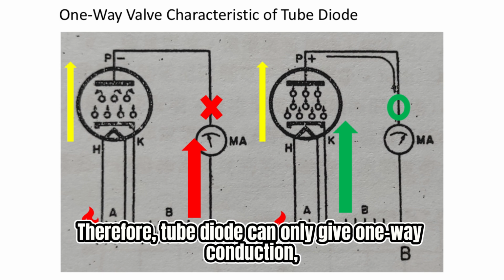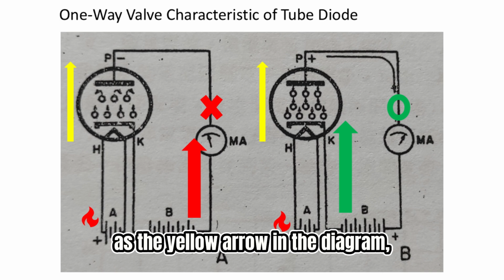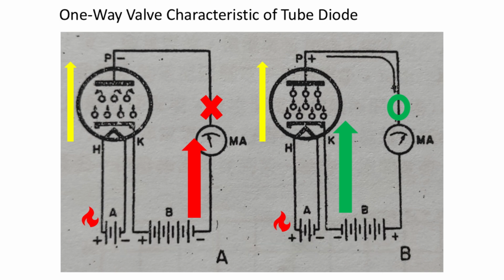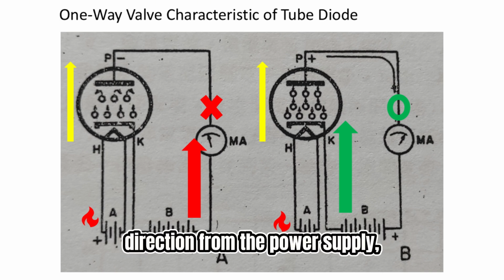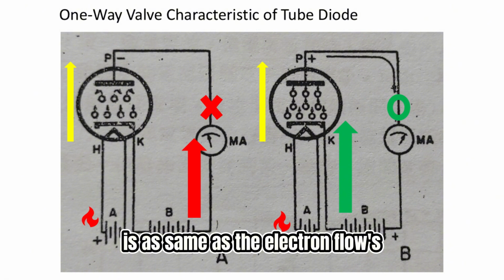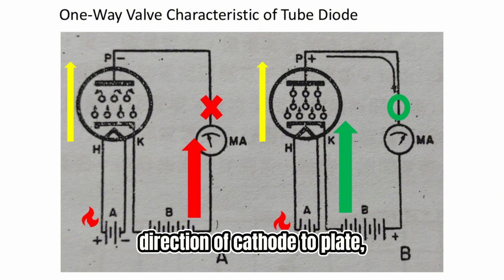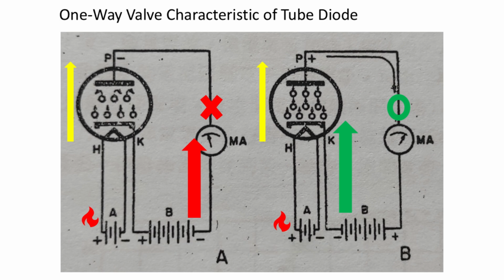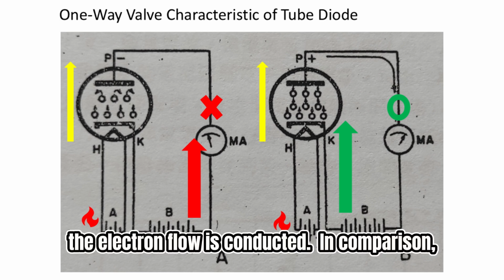Therefore, tube diode can only give one-way conduction, as the yellow arrow in the diagram. If the electron flow's direction from the power supply, which is green arrow on the right, is the same as the electron flow's direction of cathode to plate, which is yellow arrow, the electron flow is conducted.